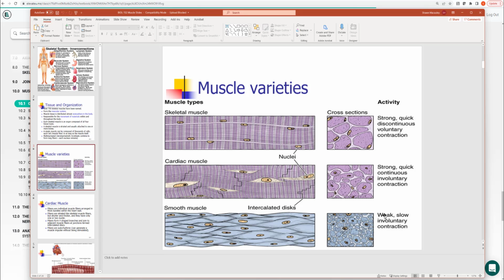It's weak, it's slow. This is like the turtle and the hare sort of thing. This is the turtle. This is slow moving muscle. It's relatively weak, but it keeps on working and it slowly gets the job done. And as you know, it's involuntary. So this is a nice slide to compare and contrast the three muscle types.